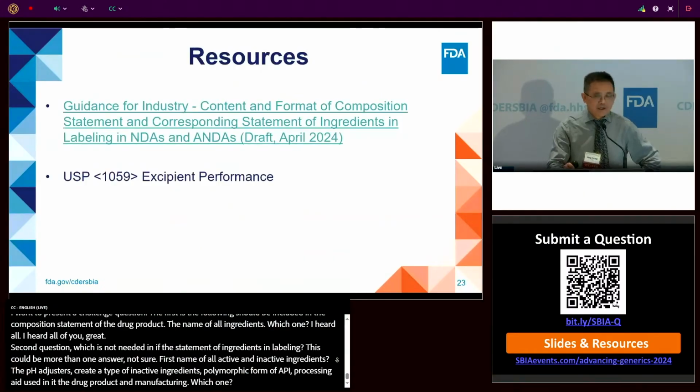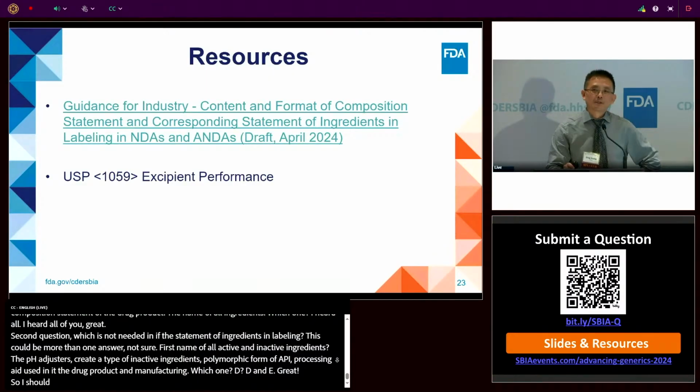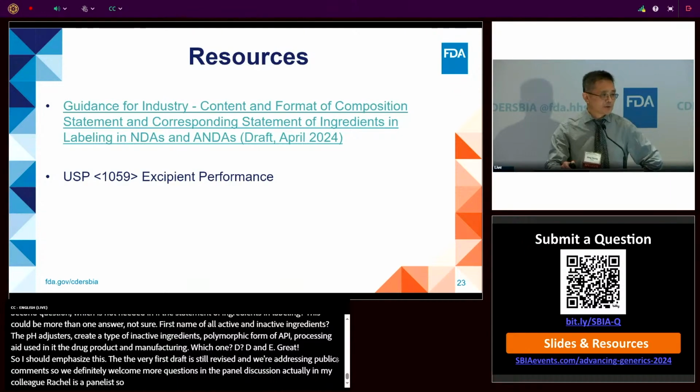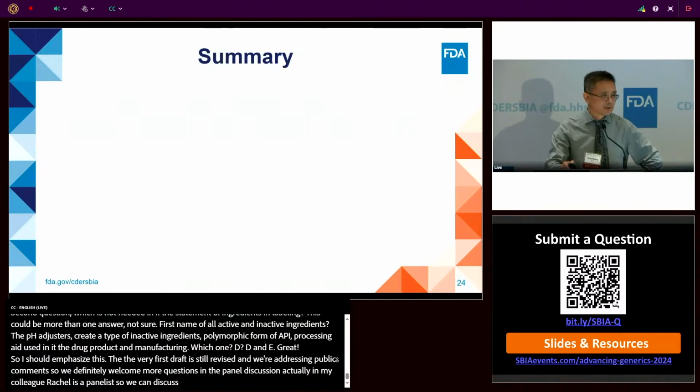Yeah, so I should emphasize this is still the very first draft. It is still being revised, and we are addressing public comments. So we definitely welcome more questions in the panel discussion. My colleague Rachel is a panelist, so we can discuss, and also refer to the 1059 for excipient performance as a resource.